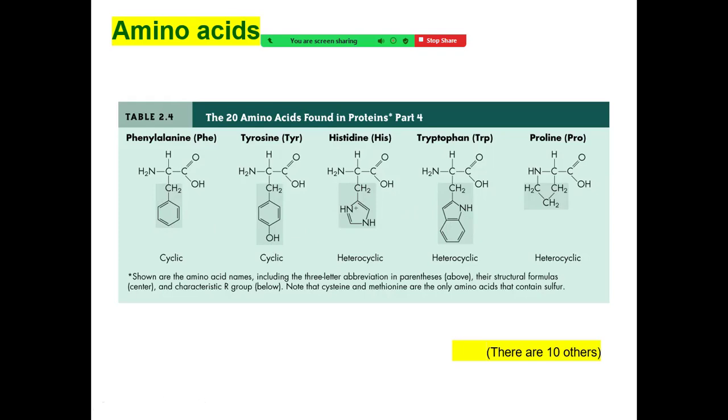And then the amino acids always have polar regions, meaning the amino group and the carboxyl group of every amino acid are polar. So proteins can be both polar and nonpolar.